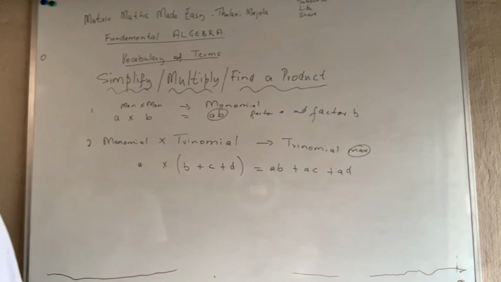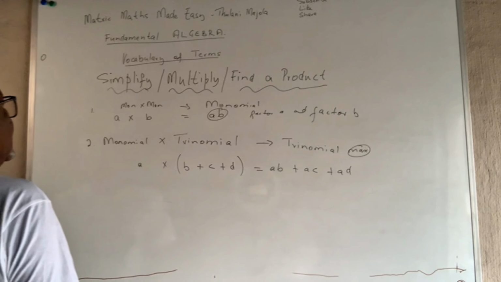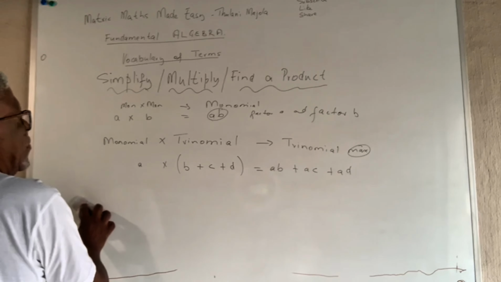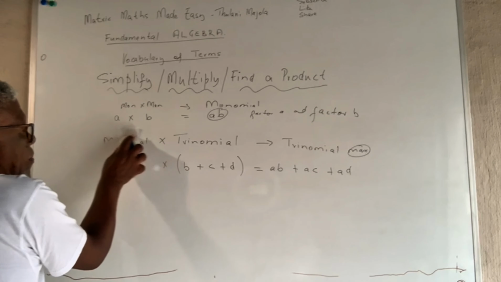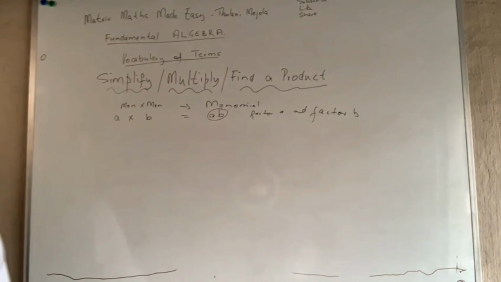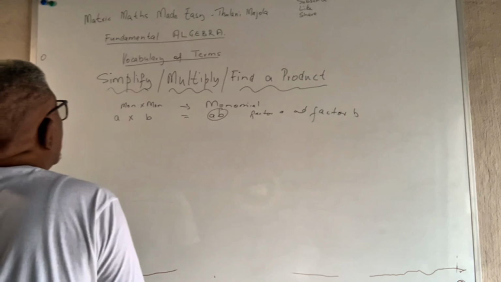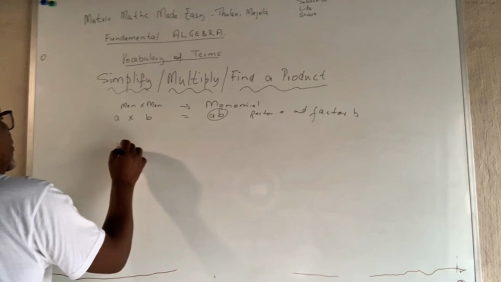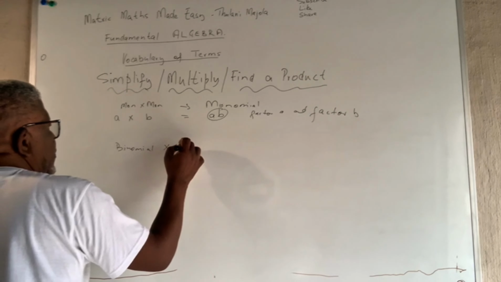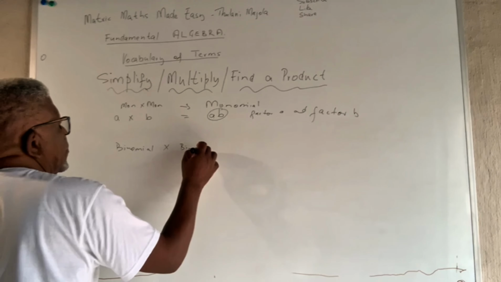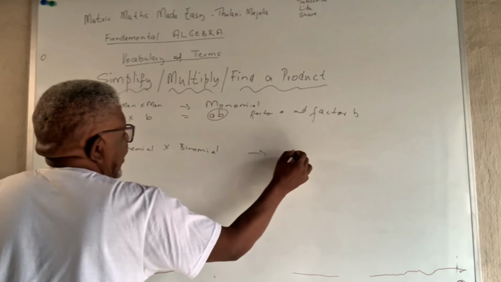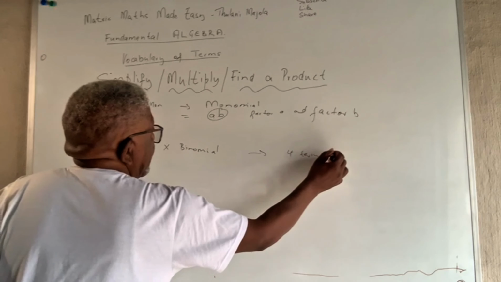And then when you multiply a binomial by a binomial, you should get 2 times 2, 4 terms maximum.